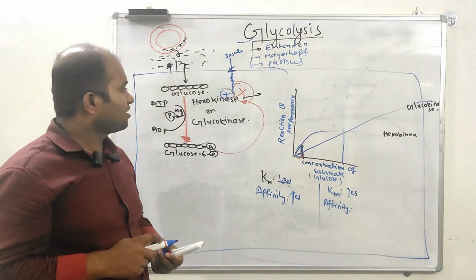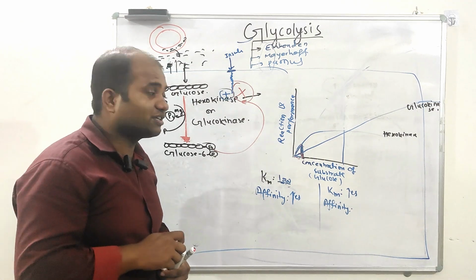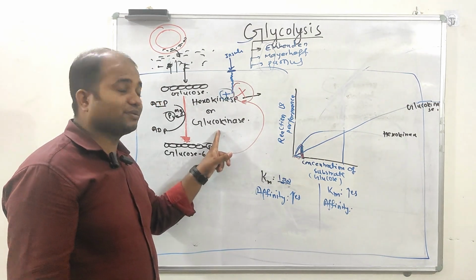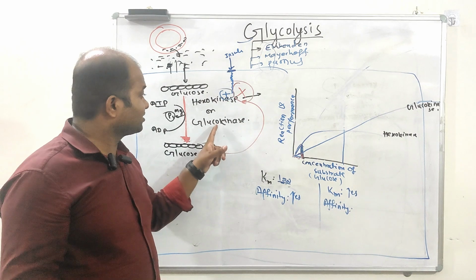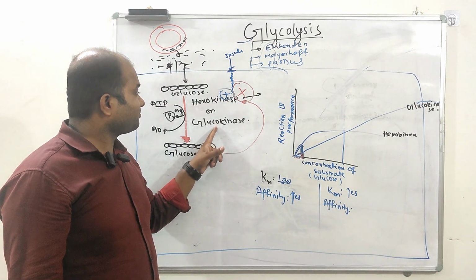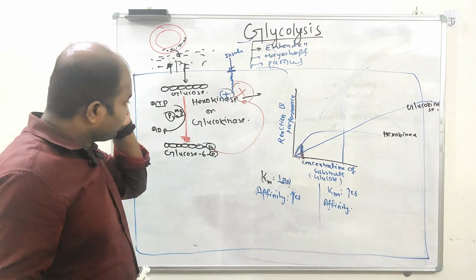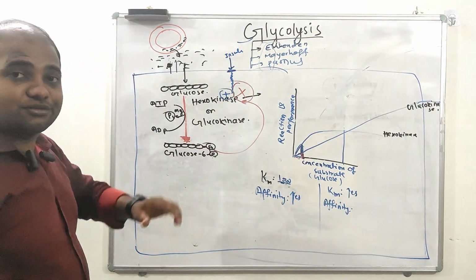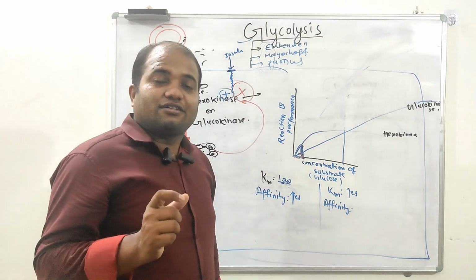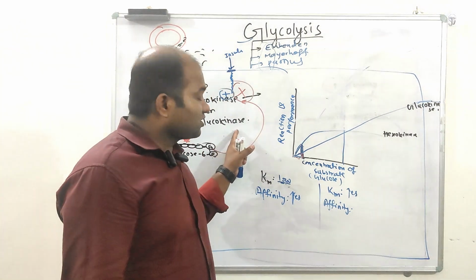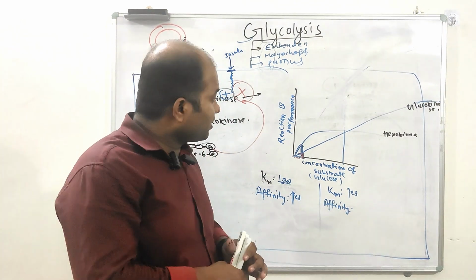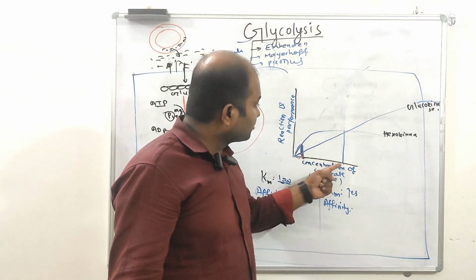What about glucokinase? How is it activated and how is it inhibited? That is very, very important, because this is a more specific enzyme which is in the liver, right? Why in the liver? Nature has provided glucokinase because when you have a heavy meal, a high concentration of glucose will come.